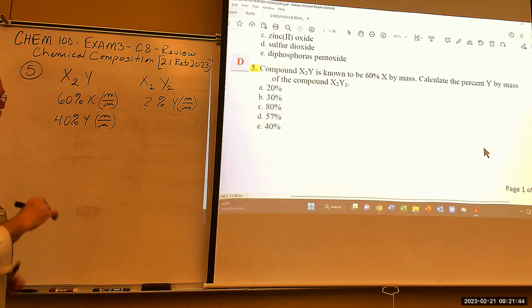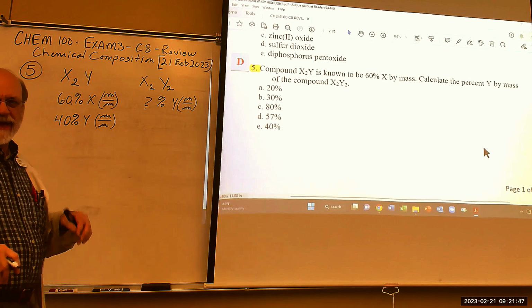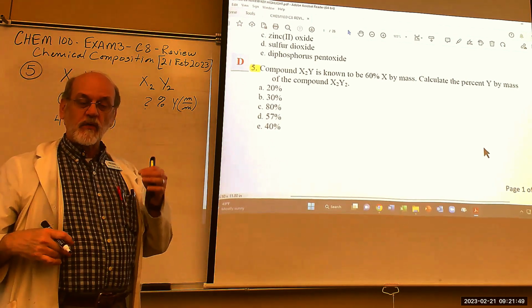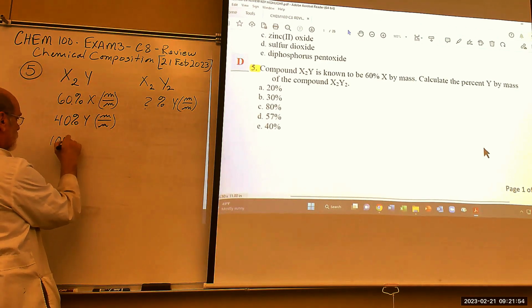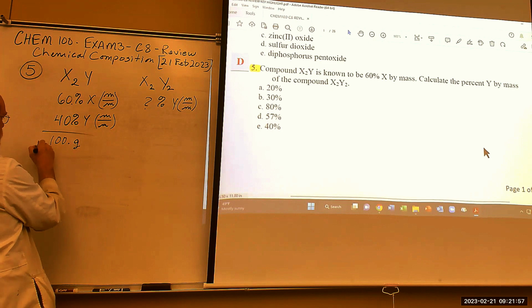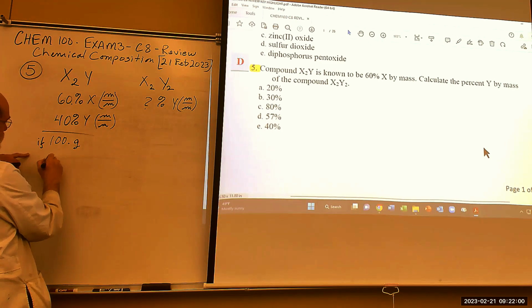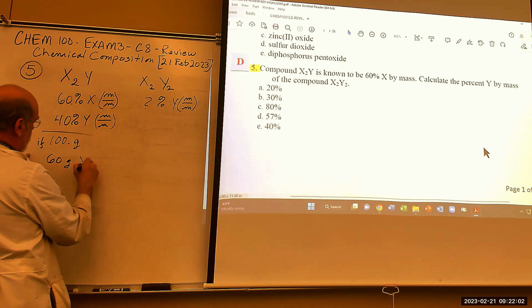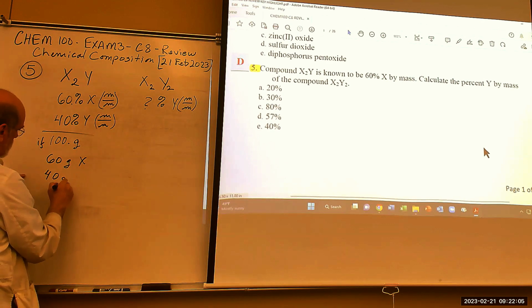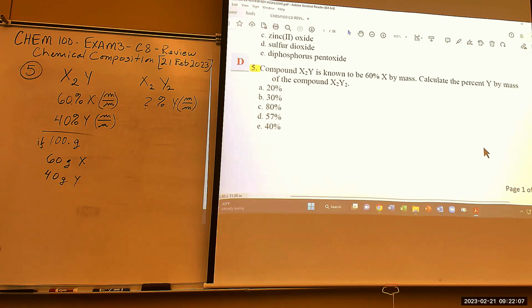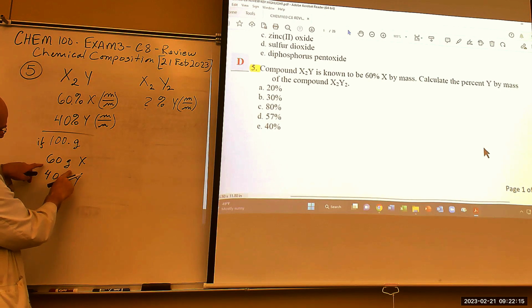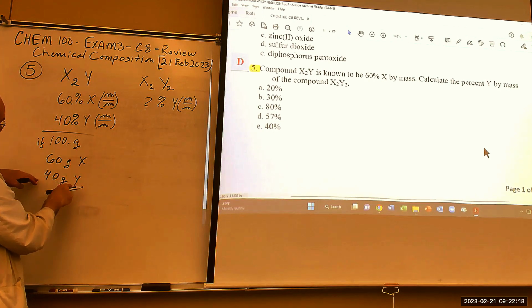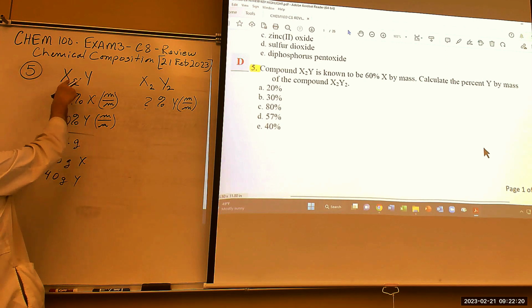Okay? Now, we can't do much with percentages. But what if we have 100 grams of the sample? If we have 100 grams, then we have 60 grams of X and 40 grams of Y. Now, in this case, if we have 60 grams of X and 40 grams of Y, how much is individual X?